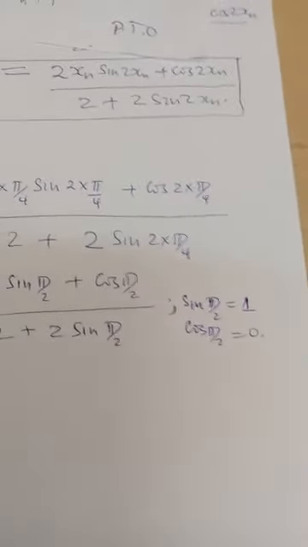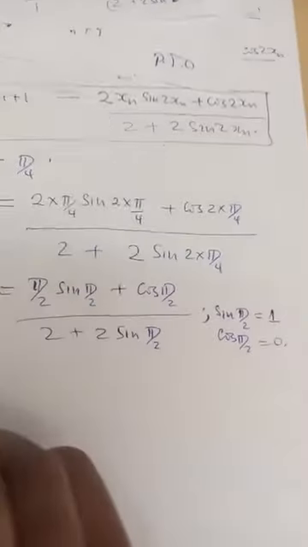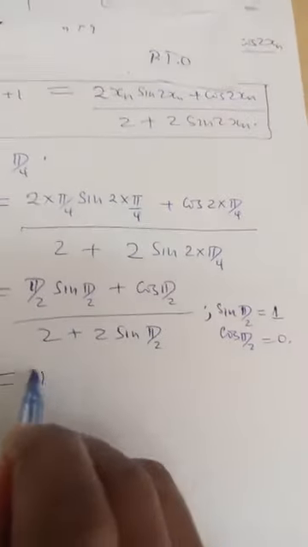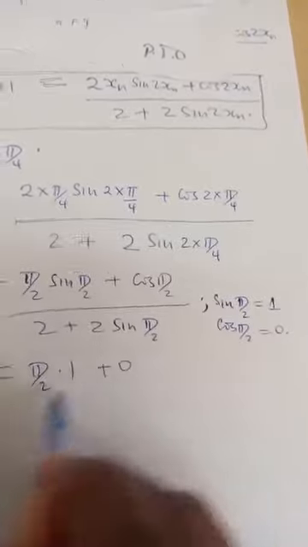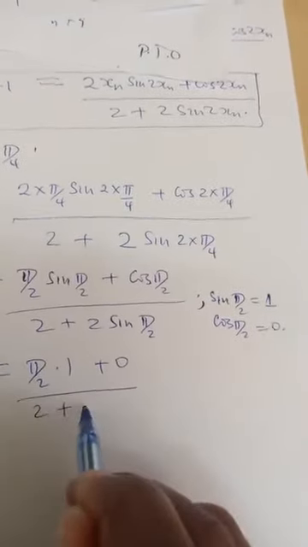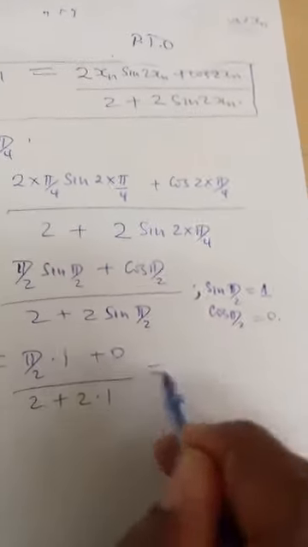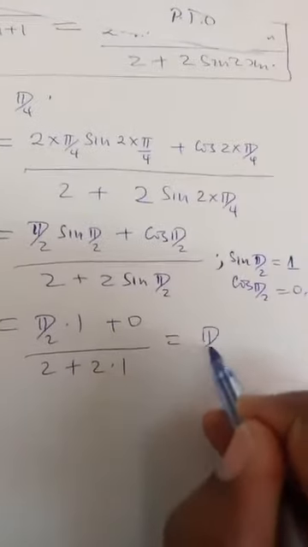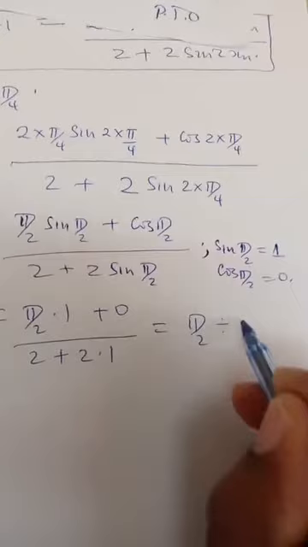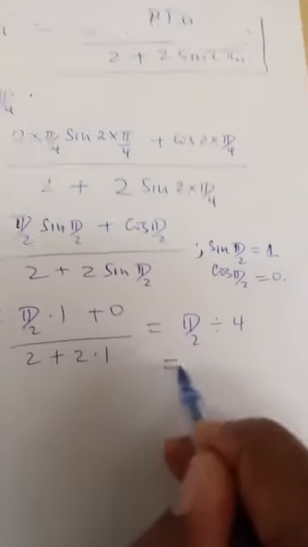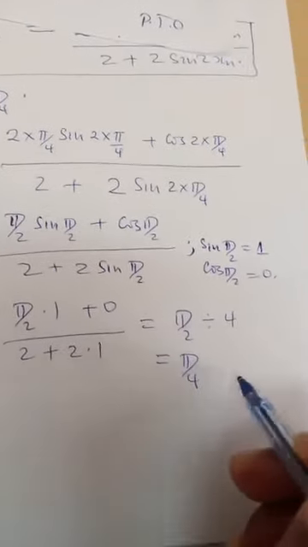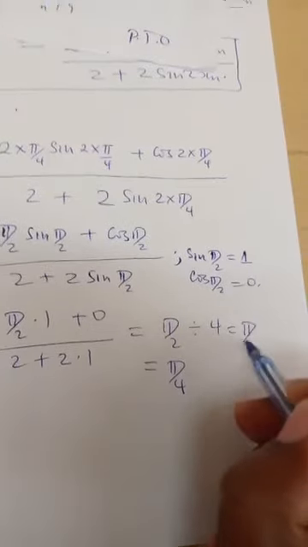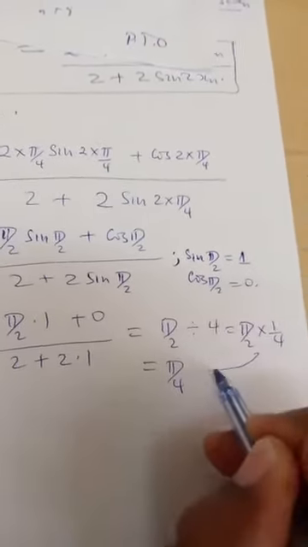So if I take that straight away, my x1 will be equal to pi out of 2 times 1 plus 0 over 2 plus 2 times 1. This is the same as pi out of 2 divided by 4, which is the same as pi out of 2 times 1 out of 4, which gives us pi out of 8.